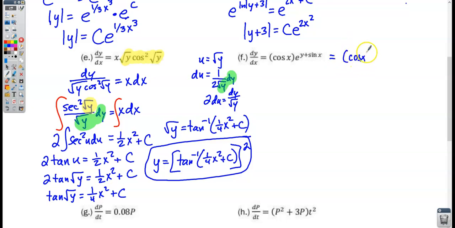We can write e to the y plus sine of x as e to the y times e to the sine of x, and now I've got a function of y and a function of x that I can separate this equation into. So I'm going to divide both sides by e to the y and multiply both sides by dx.